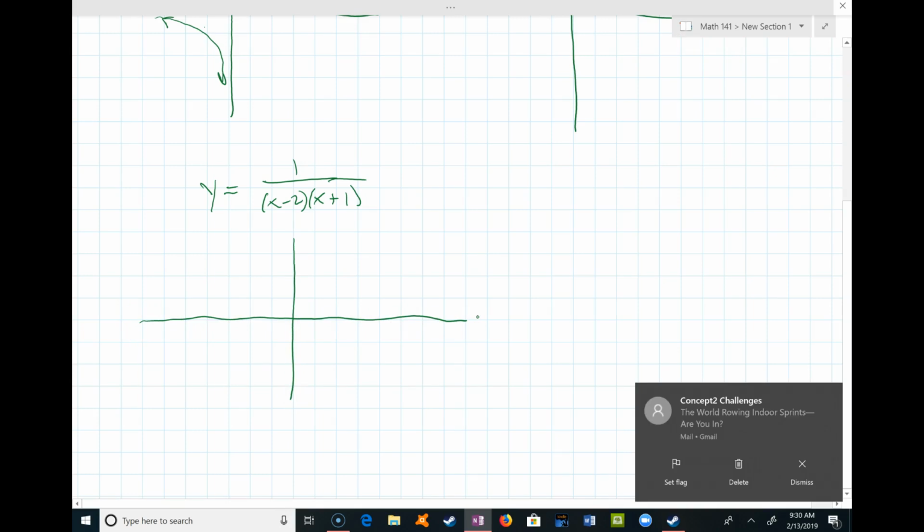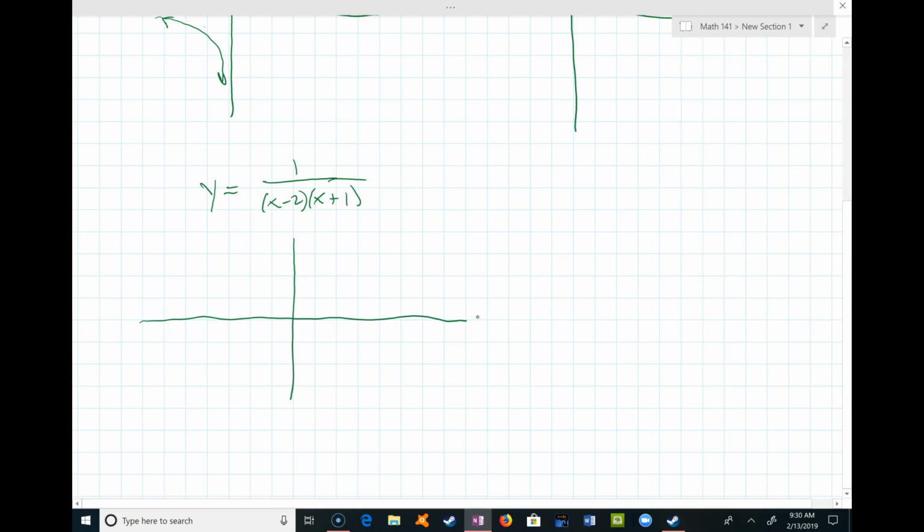Okay, so the roots of the bottom are 2 and negative 1. So that means at negative 1 and 2, I am going to have a vertical asymptote. And so we can establish real quickly where the vertical asymptotes are.